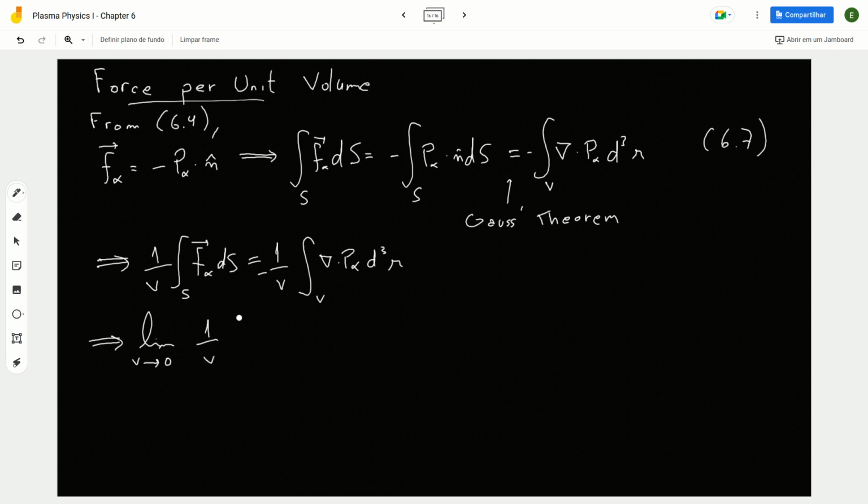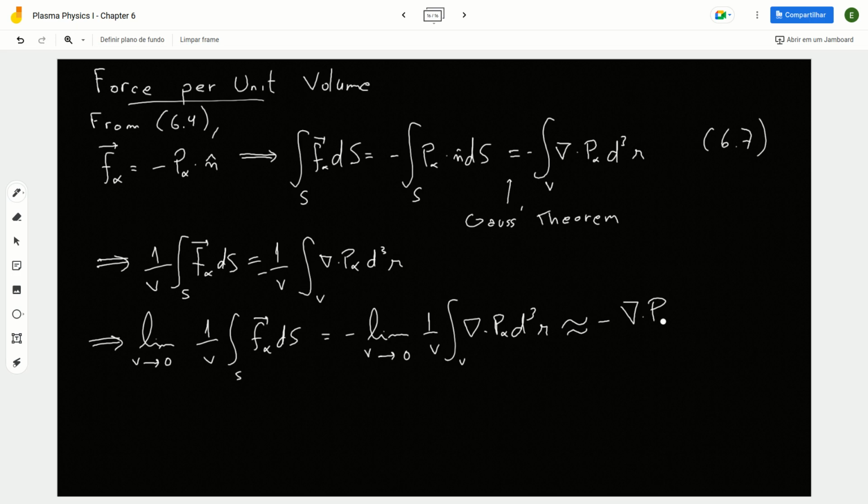Then you have minus the limit of V going to 0 of 1 over V, the integral over V of the divergence of P. Now this part is approximately equal to minus the divergence of P times 1 over V of the integral of d3r.